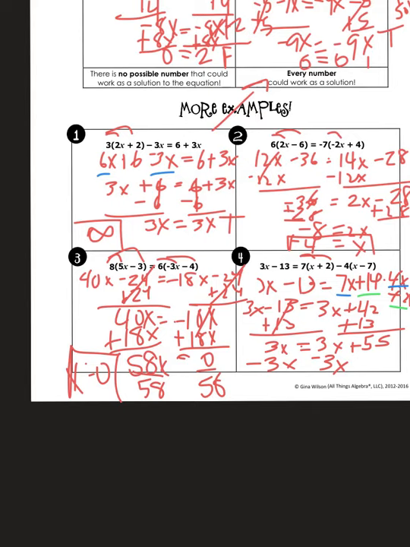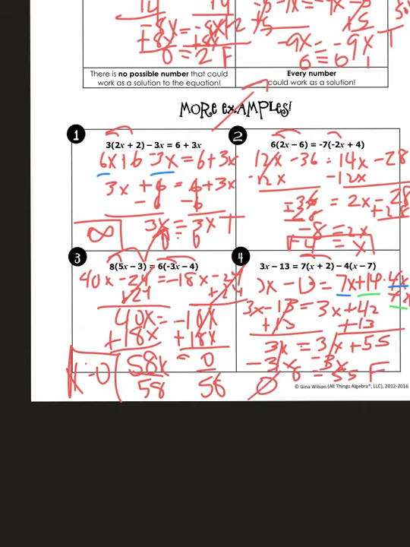If your variables cancel out and you're left with a true statement, in which case there would be 0 equals 0 if I kept solving, then it's infinite solutions. If your variables cancel out, like they do here, and you're left with a false statement, 0 equals 55, that is false, then there is no solution.